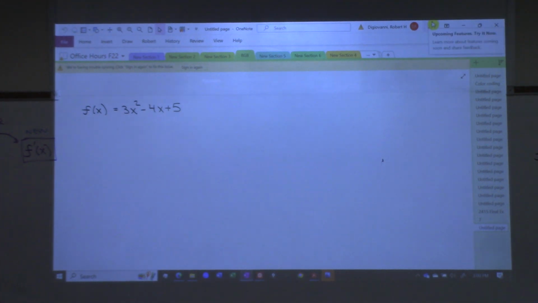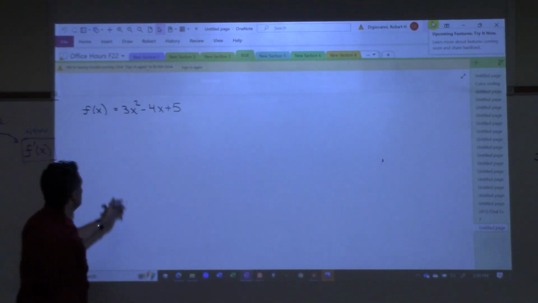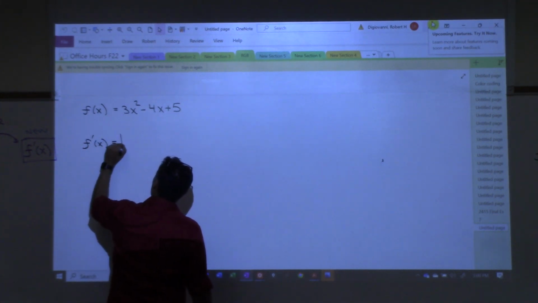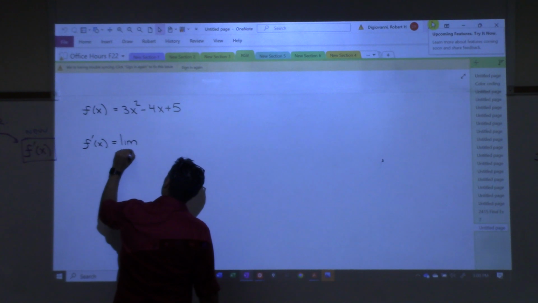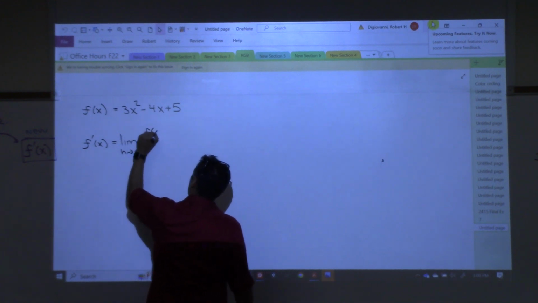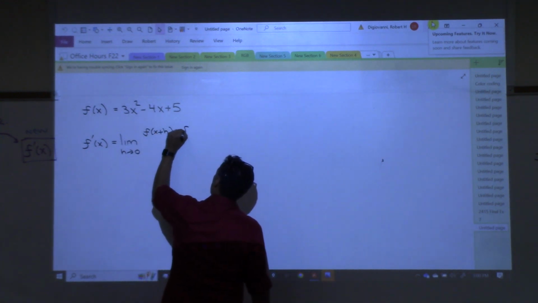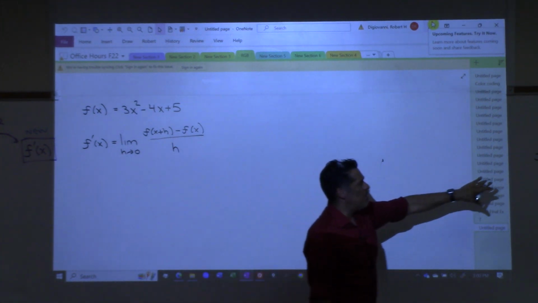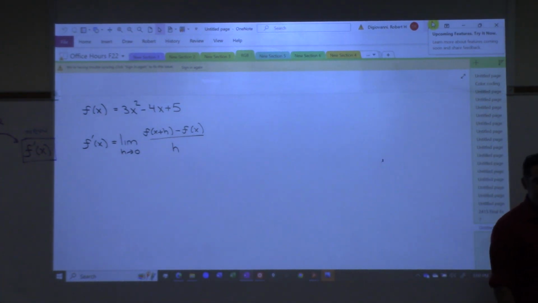All right, here we go. Ready for the first derivative? The first derivative of this function is the limit as h goes to 0 of f of x plus h minus f of x all over h. That's the new definition from today, replacing the a with x.